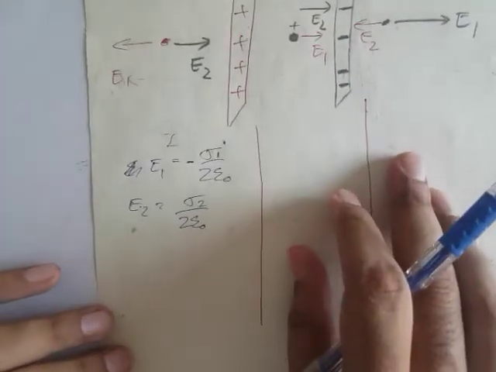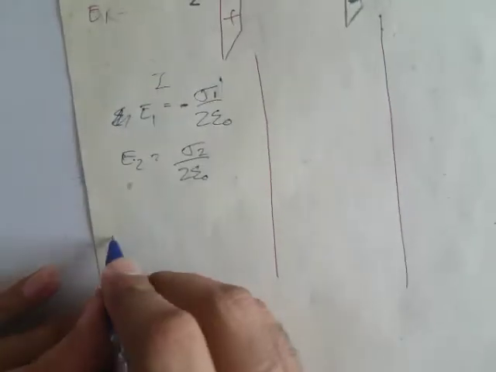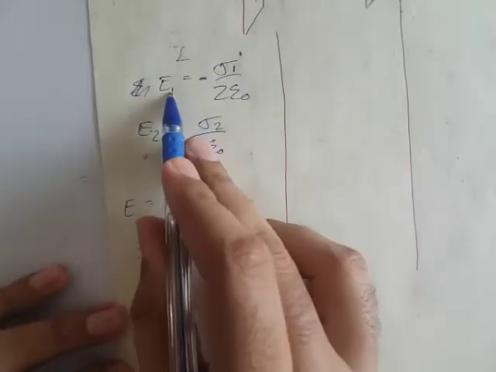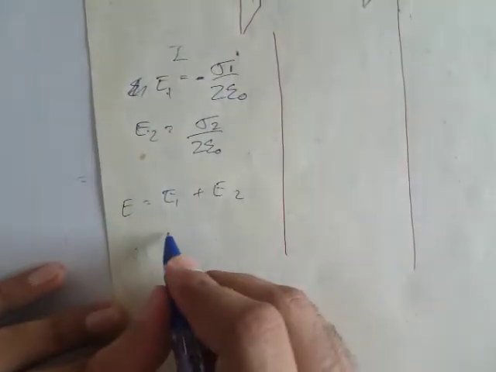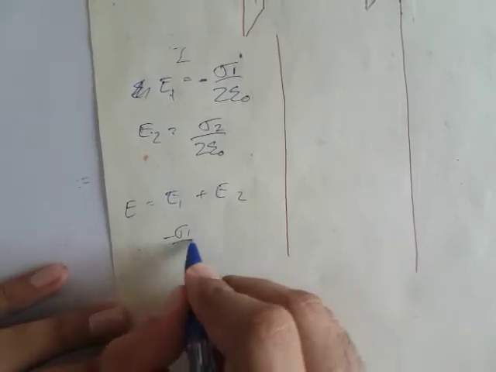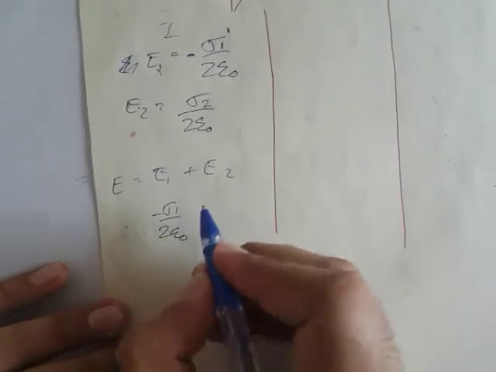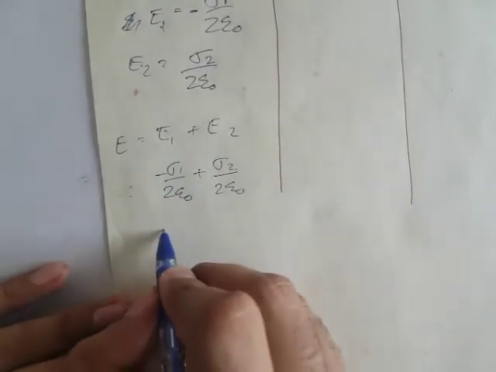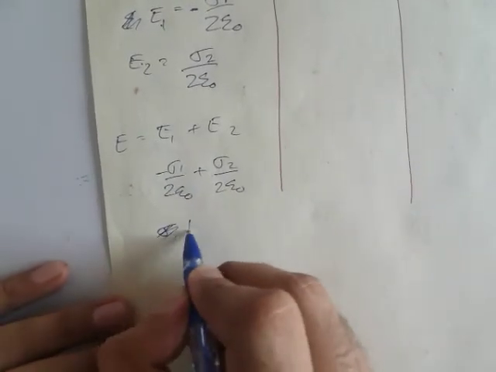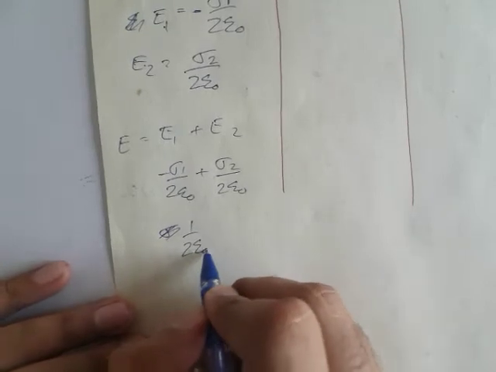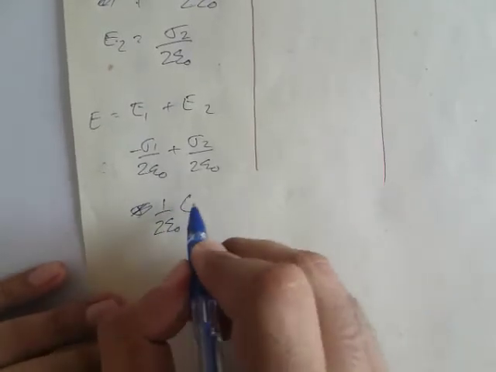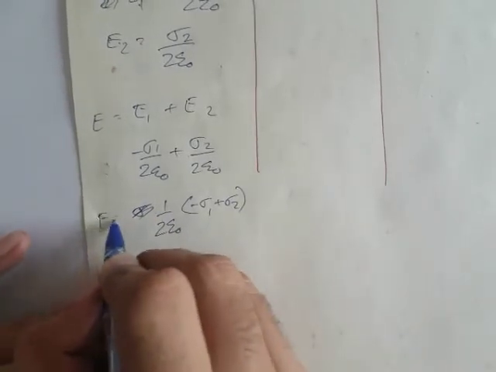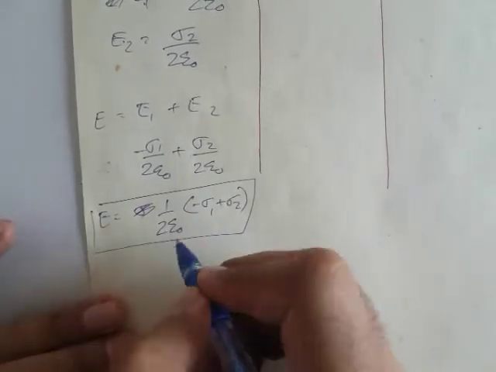As per superposition, that is E1 plus E2, and E1 is negative, we can write minus sigma 1 upon 2 epsilon naught plus sigma 2 upon 2 epsilon naught. Taking 1 upon 2 epsilon naught common, we get minus sigma 1 plus sigma 2. That is our electrical field in region 1.